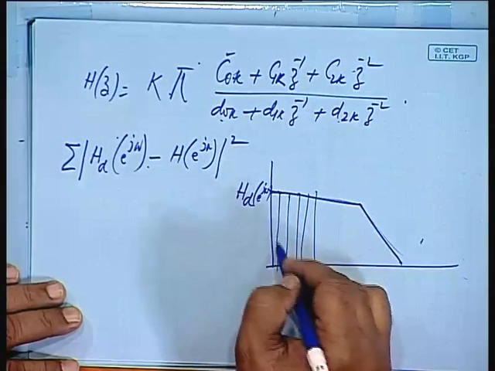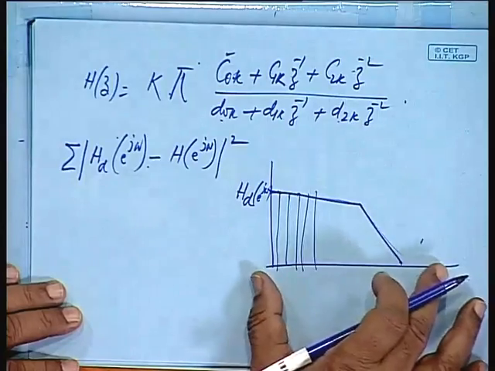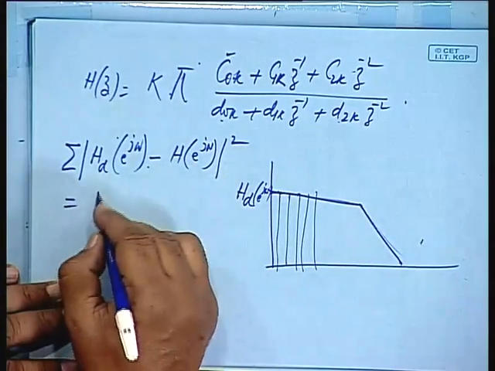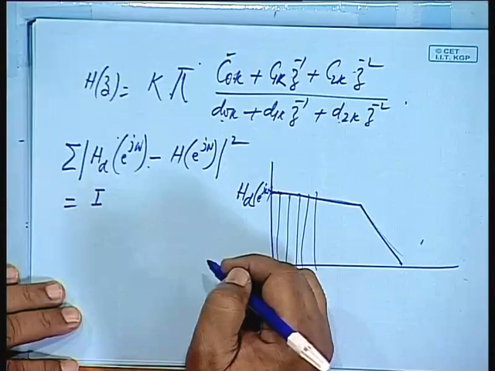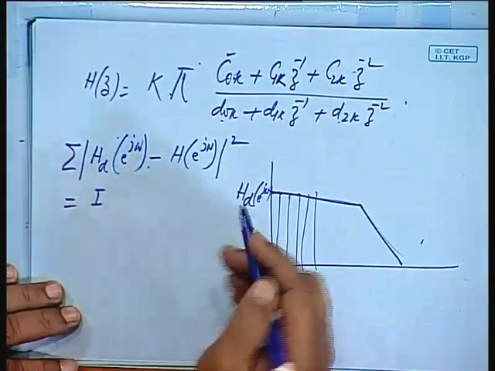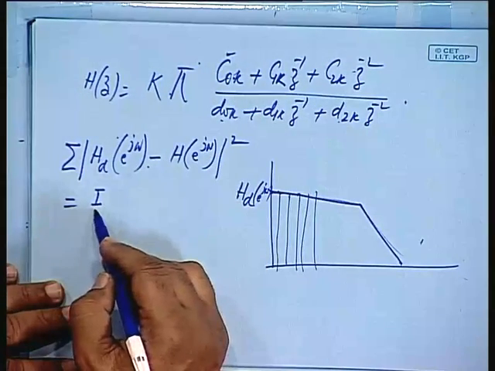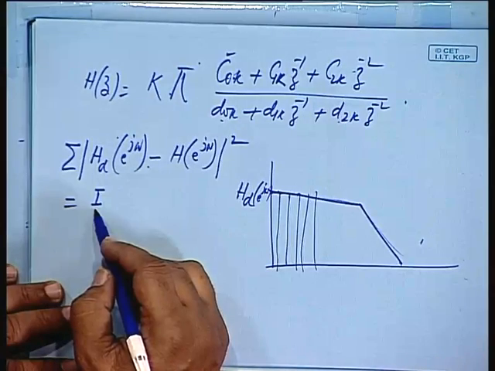So, the difference squared and keep on adding. Say this integral is I. It is basically integration, we are doing it by discrete summation. Then change this and see what is the change in I. If it is reducing, go in that direction, again change in the same direction. If you find it is increasing, then go backward. So, it is like a grid search.